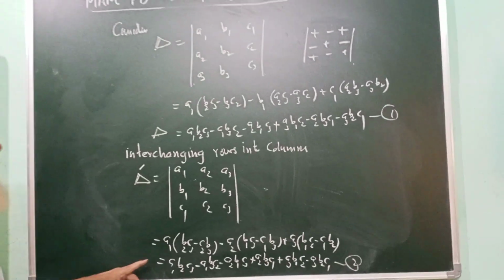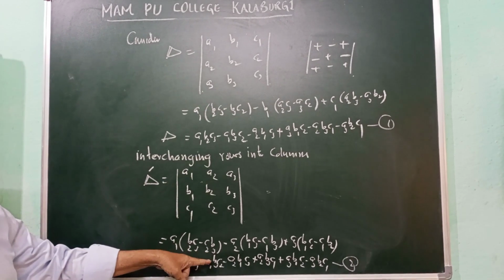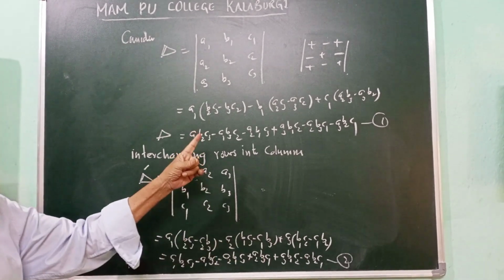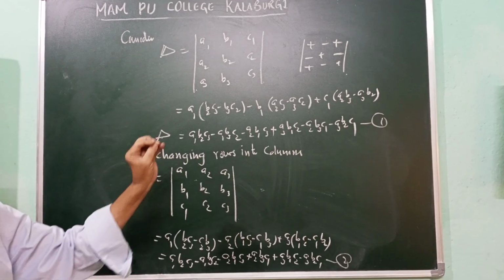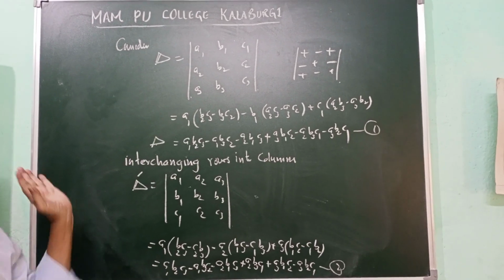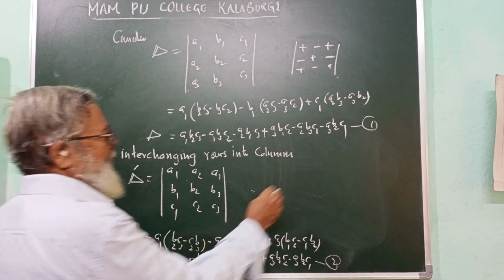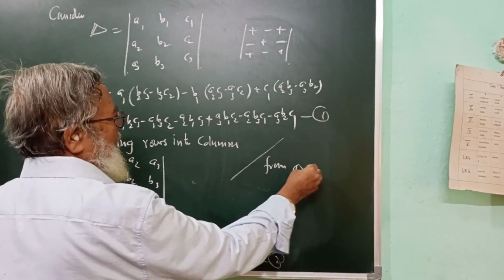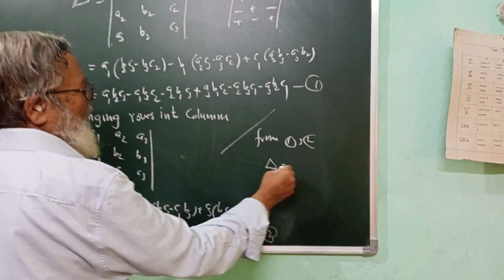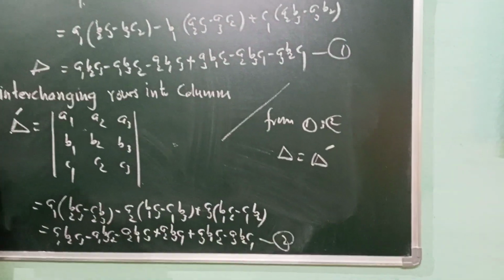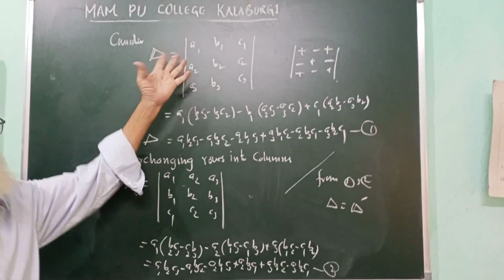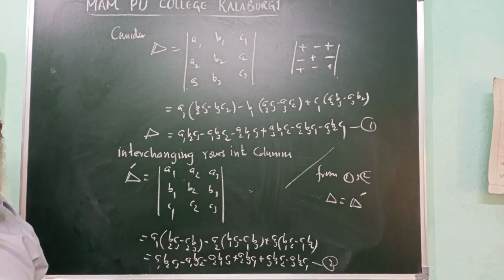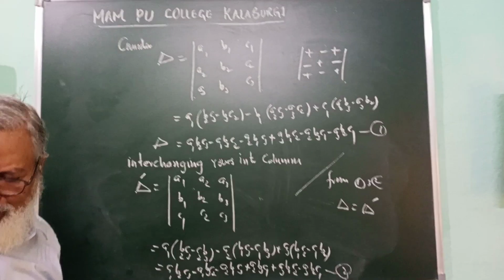Compare term by term. You get some elements maybe here and there, but all elements are exactly the same with exactly the same sign also. So therefore from 1 and 2 we can write delta is equal to delta dash, meaning if you interchange all rows into columns or all columns into rows, the value remains the same. That is the first property.